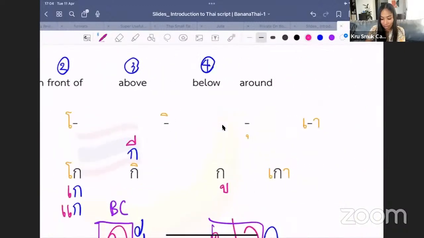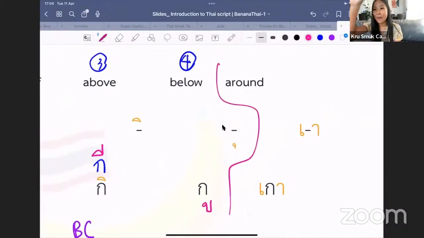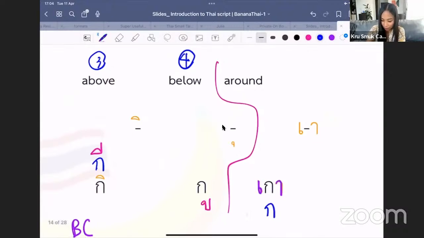It can also be all around. So let me cut it here. Also all around, like in front, in the back, above, and in the back, around. For example, sara ao here. I'll give you one more example. What else goes around? Sara ua. See? It's everywhere.